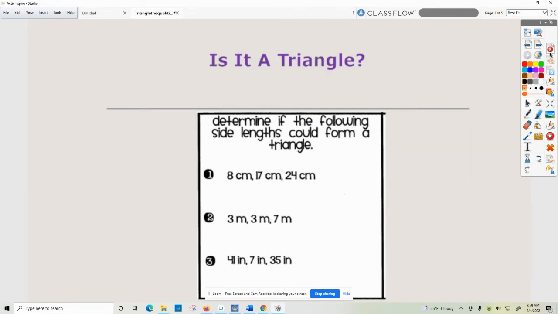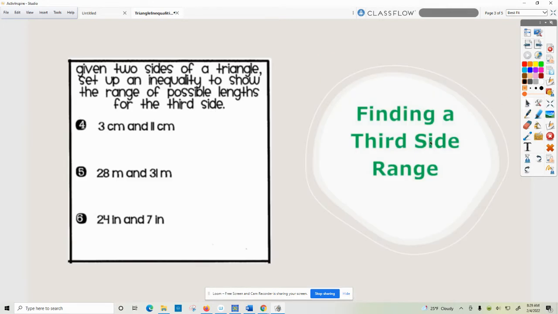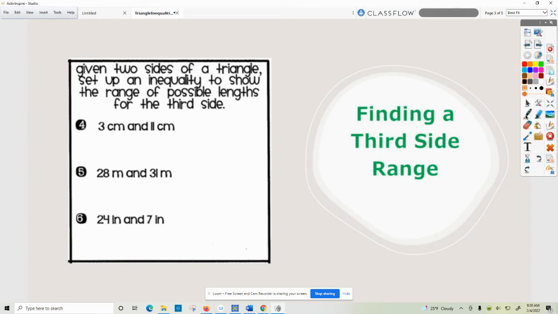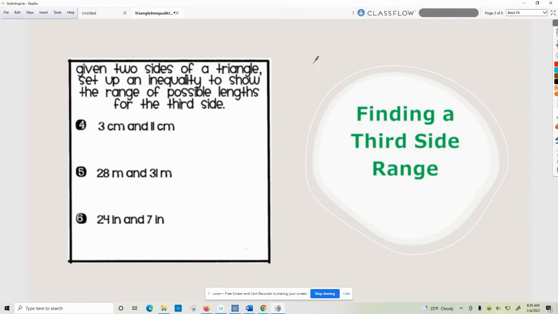Okay, now moving on. Finding a third side range. So essentially what I want to do is make a range of values that I know can make a triangle. Okay, so it's going to look like this when I get done.